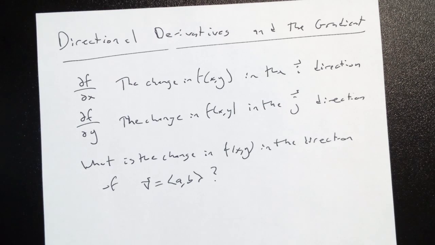Partial with respect to y went to the left. Now I'm going in a different direction. So what if I want to go this way? Or that way? Or that way? I need a new vector.